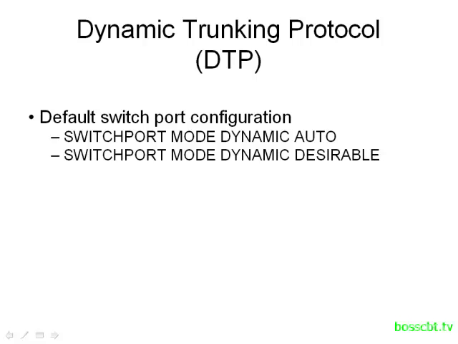Now this is a good thing because if you have two switches connected to each other and they're both in their default configurations of dynamic auto, well, a trunk will never form. And why is that? If you think about it, if neither side is going to take that first step to negotiate and set up a trunk, then it'll never happen. So having one side as dynamic desirable is necessary.